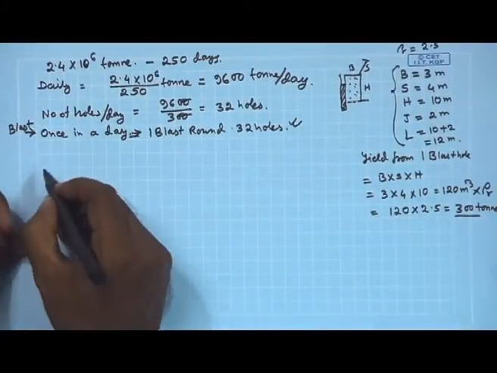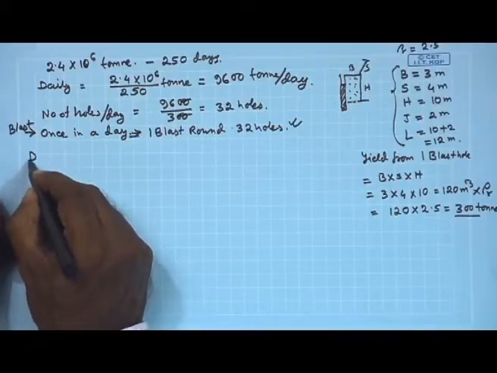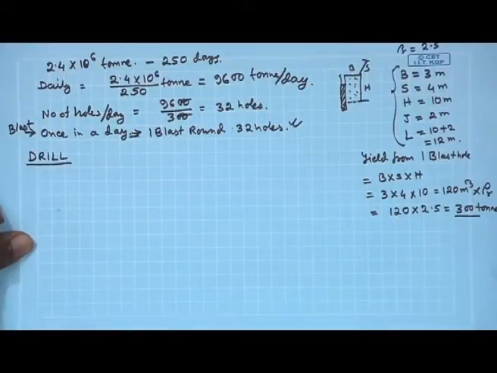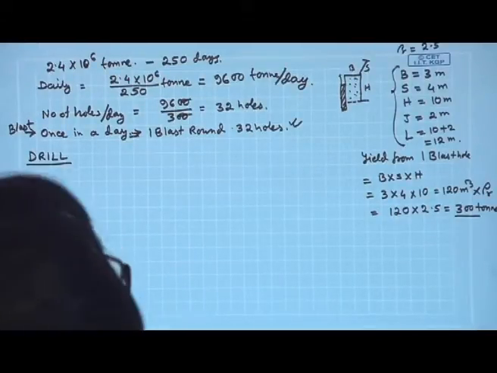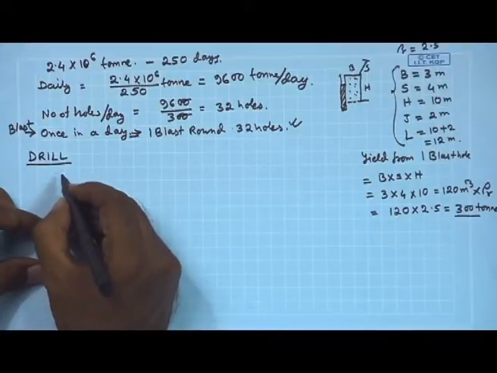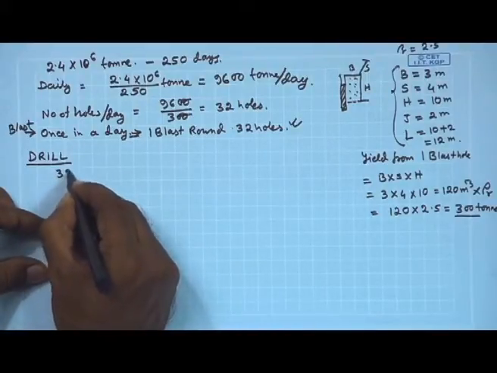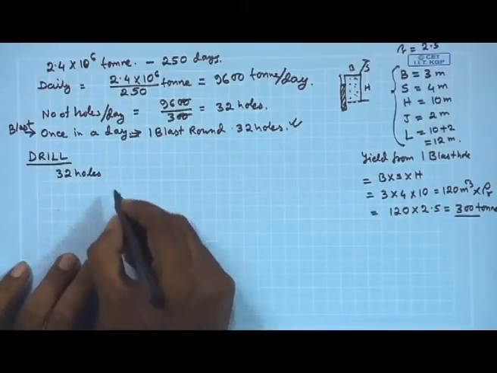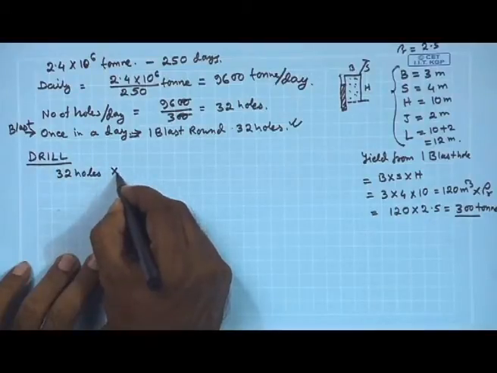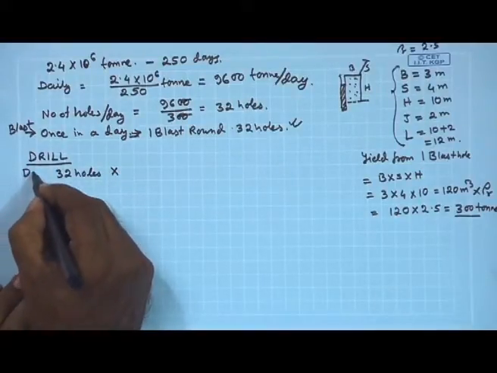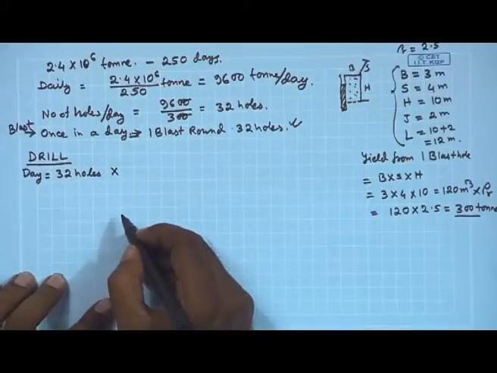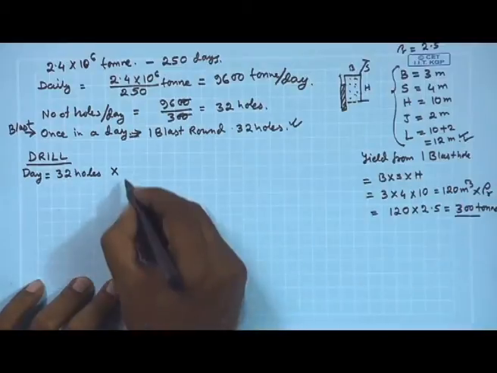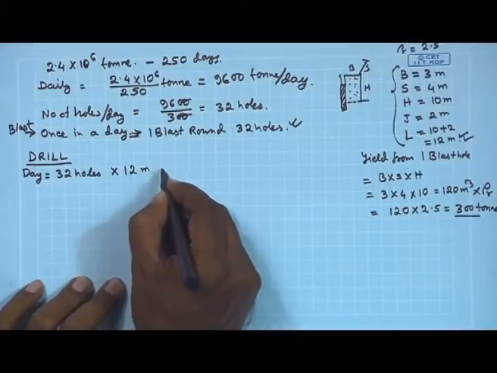Okay. So, this is the requirement for our blasting of 32 holes, but prior to blasting we need to go for drilling. So, let us consider the drill. For this drilling, we have to drill 32 holes in one day, and the length of each hole is 12 meter.